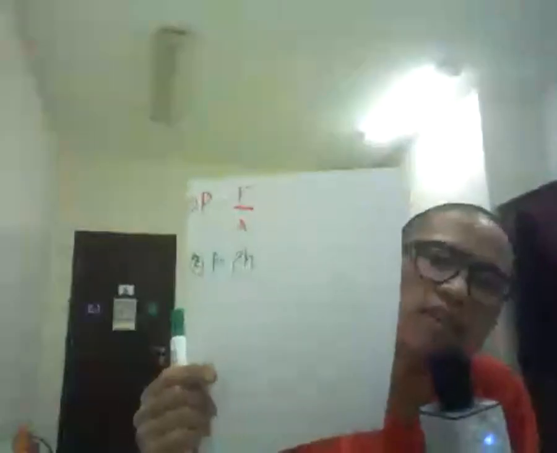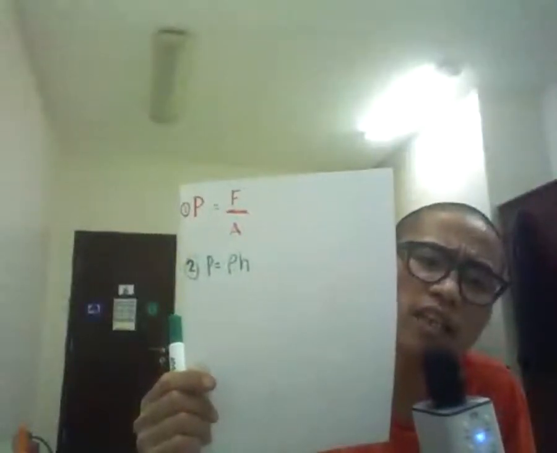Okay. So pressure equals density times height. This one. Pressure is density times height.